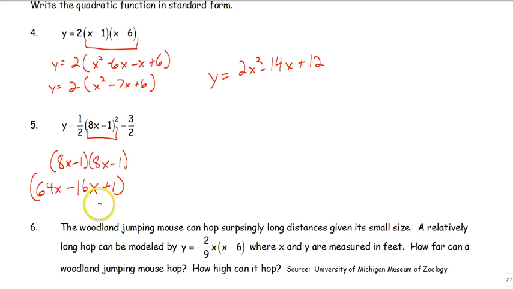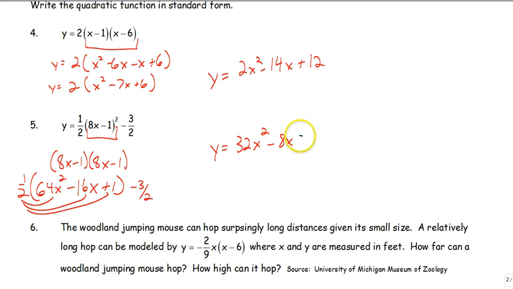Now we do 1/2 of that, and we then add or subtract the 3/2. So I multiply the 1/2 in everywhere, and I get y is equal to 32x squared minus 8x plus 1/2, and then we have minus 3/2. Well, 1/2 minus 3/2 is a -1. So standard form for this problem is 32x squared minus 8x minus 1.